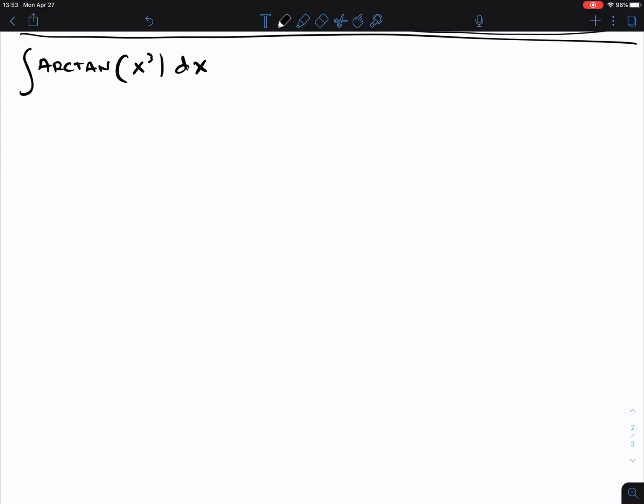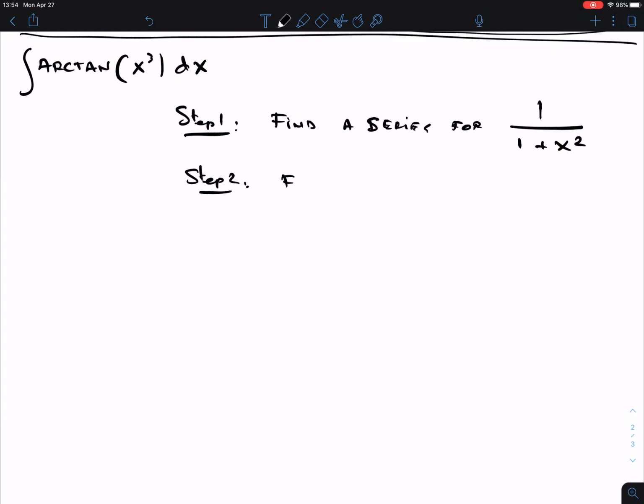So I would break this down and say, step 1, find a series for 1 over 1 plus x squared. Step 2, find a series for arctangent of x.